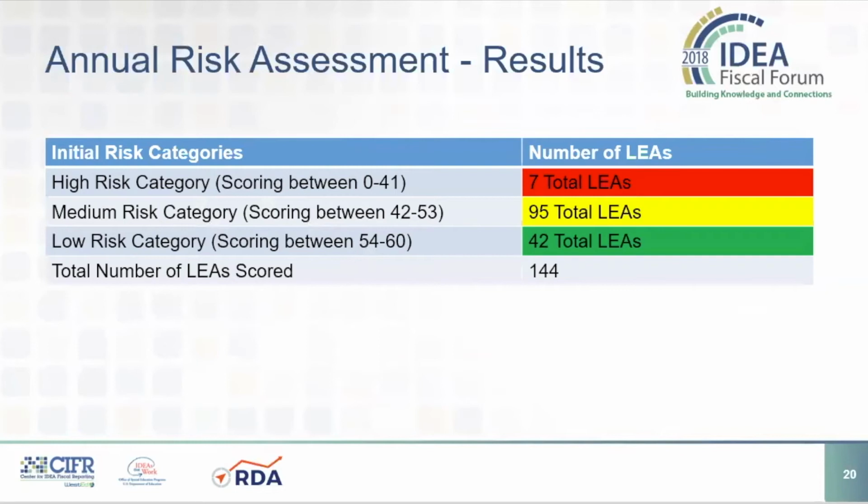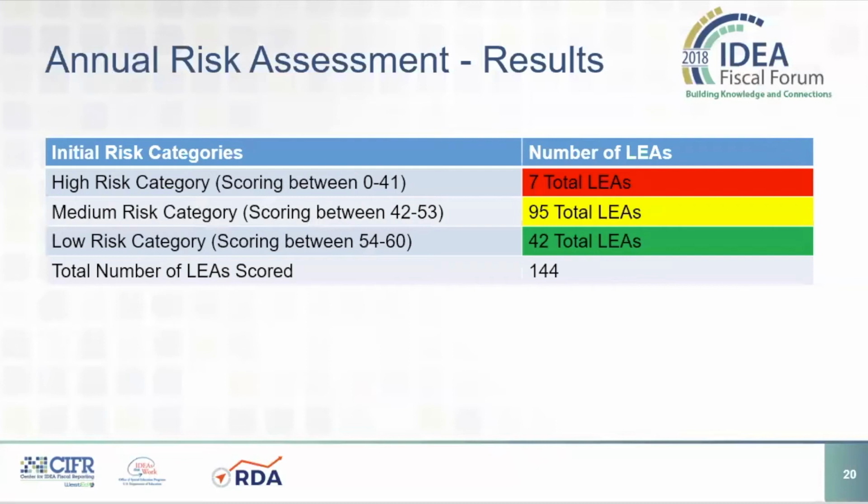And if you remember in one of my previous slides, I said that LEAs in the medium risk pool go through fiscal monitoring at least one time every 2 years. So if you divide 95 by 2, it's 42 to 43. Then with the limited amount of resources that we have here at the department, it was going to be impossible.